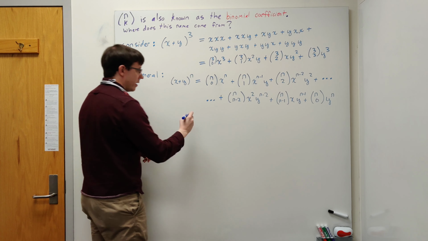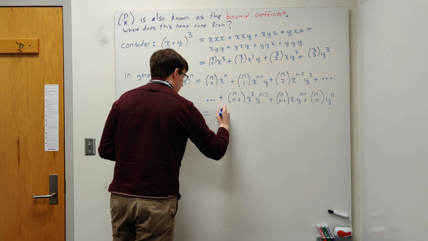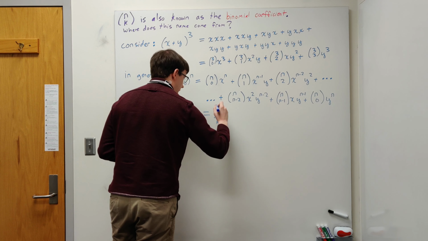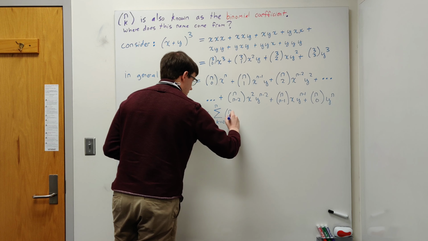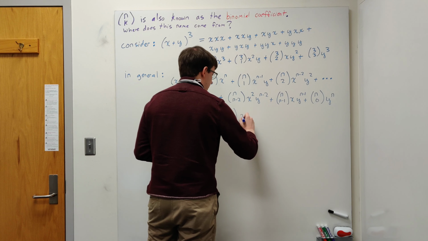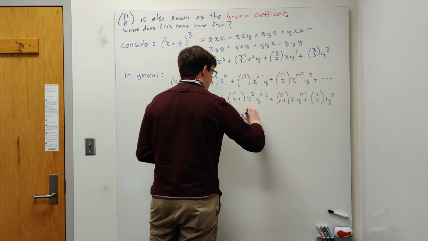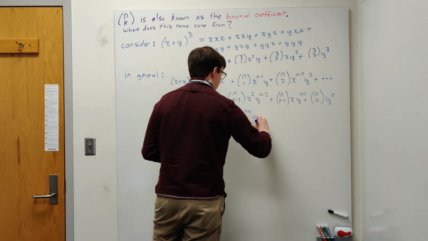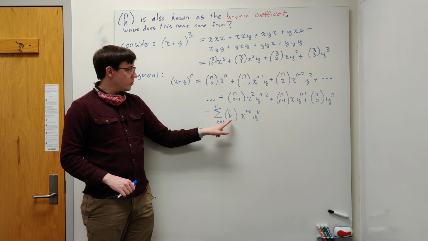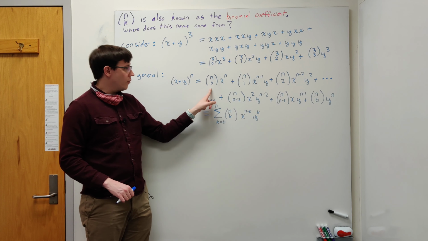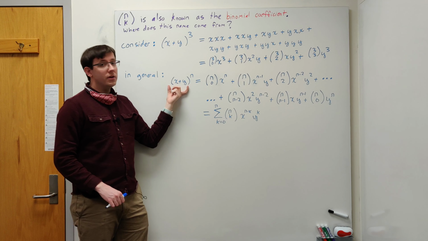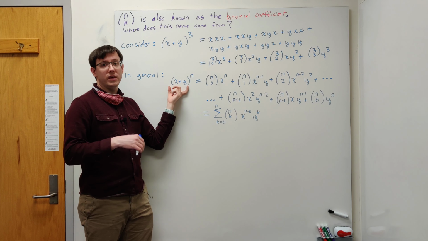And so we can represent this more compactly as the sum from k equals 0 up to n of n choose k times the x to the n minus k y to the k term of this sum. And so n choose k gives us the coefficient for the kth term indexing from 0 of the expansion of x plus y to the n.